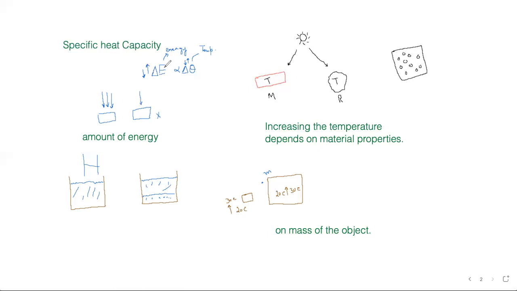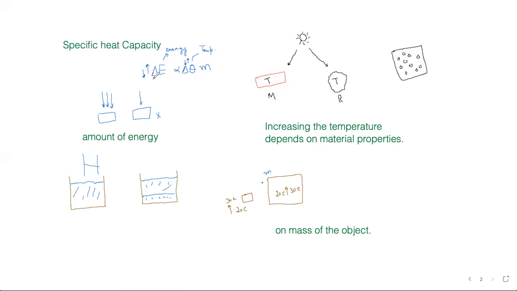So you understand that if the mass is larger, you need a larger amount. That means energy and mass are also directly proportional. Understand? Yes. Okay.